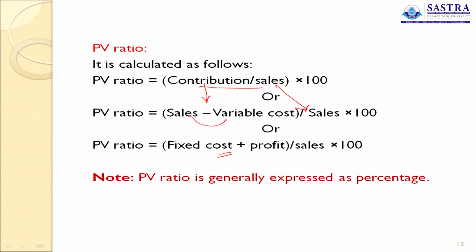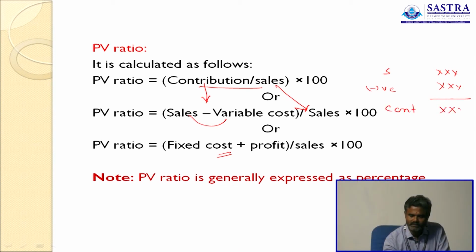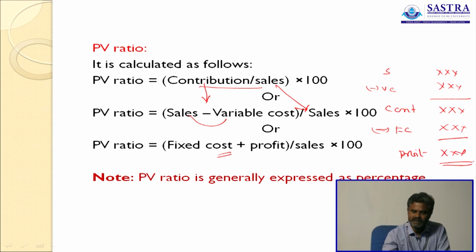Here you recollect the marginal cost statement: sales minus variable cost, this is contribution, less fixed cost, this is profit. When sales and variable cost are not given in the problem, but fixed cost plus profit is given, simply you add these two figures and the contribution will arise.